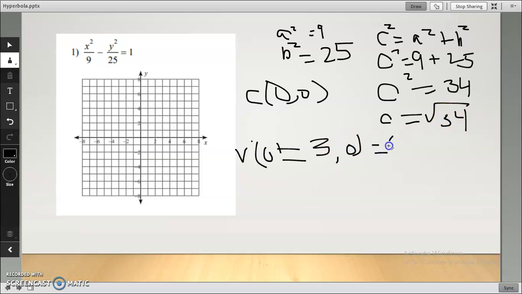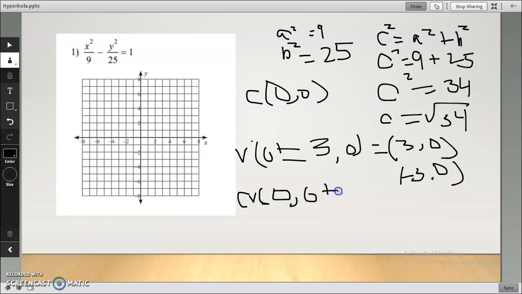If I evaluate this out, that's (3, 0) and (-3, 0). Co-vertices, I'm just going to write CV. I'm going to add the b this time, so 0, plus or minus 5. And that's going to give me (0, 5) and (0, -5).